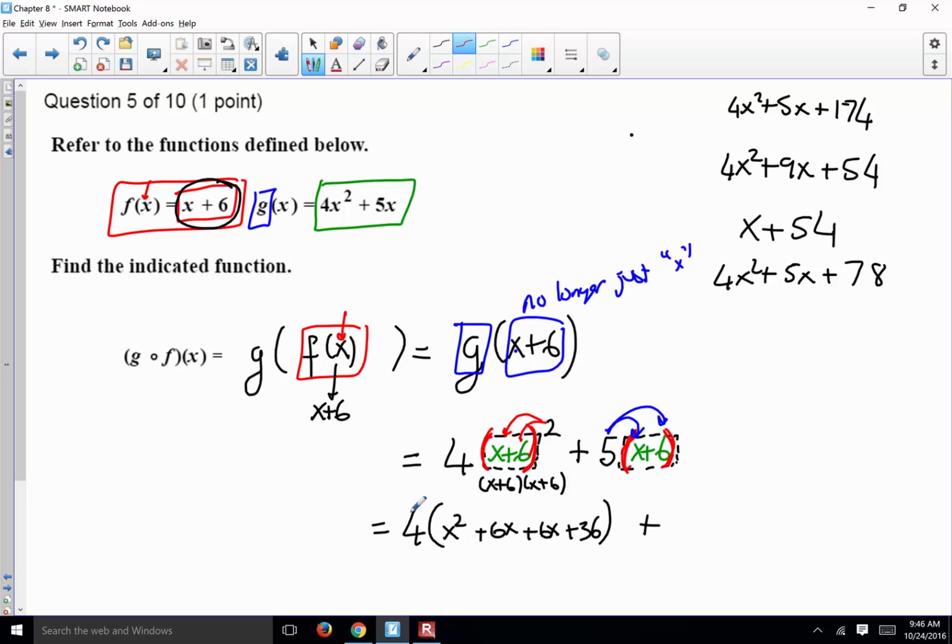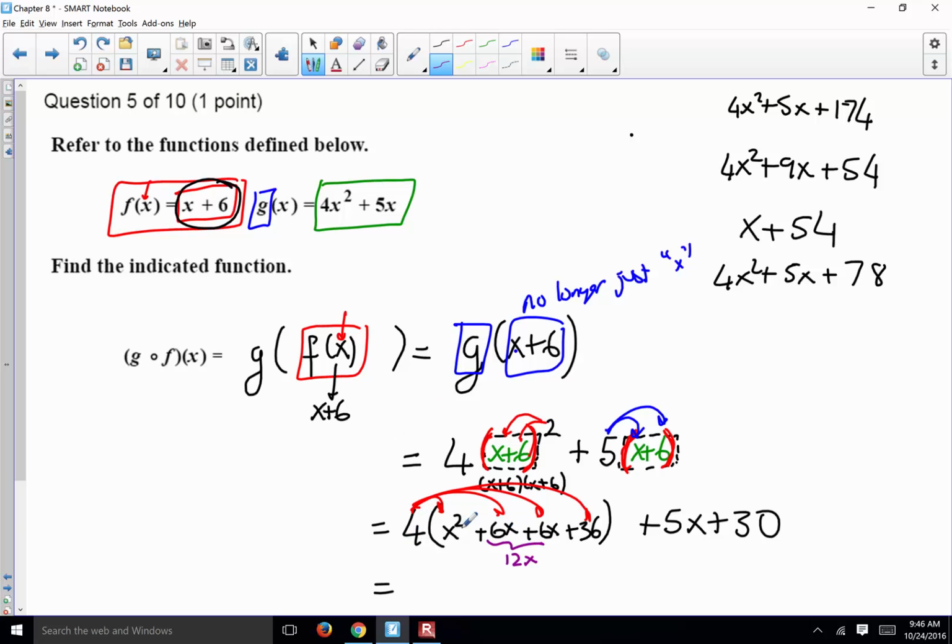And then I pass this 4 in to everybody, and this 5 to everybody, so it is 5x plus 30, and we will be done. By the way, some people like to add the like terms first, then pass 4 in. It's okay, because this is 12x, and when you multiply by 4, it makes 48 of them.